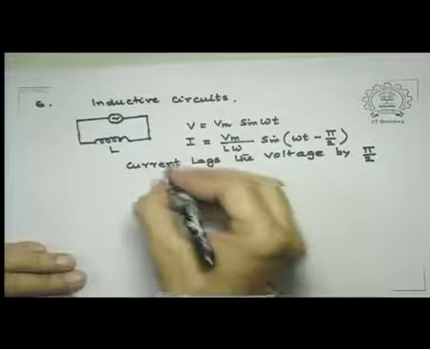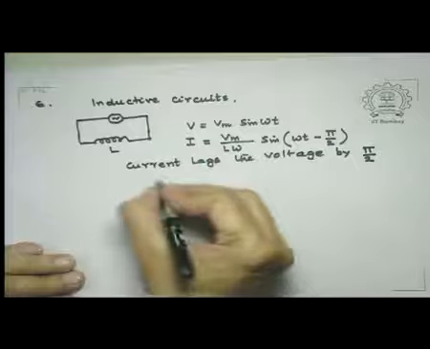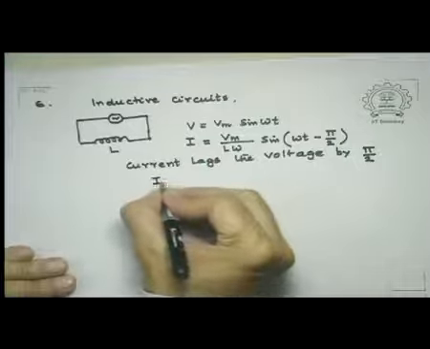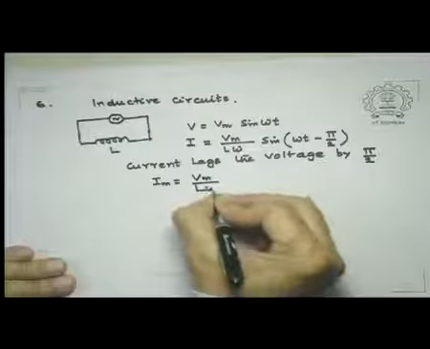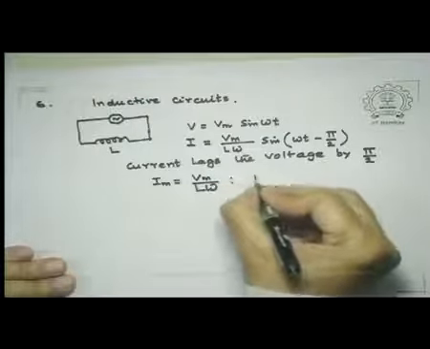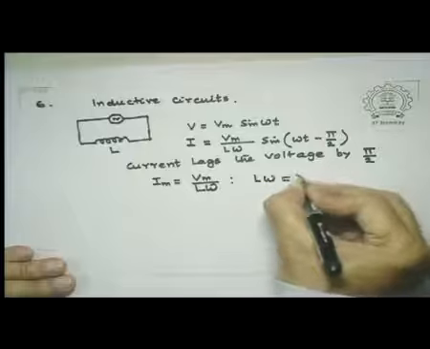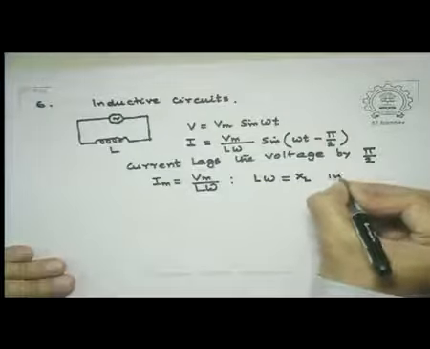And this maximum current that we have, Im, is Vm over L omega, and this quantity L omega is what is known as inductive reactance.